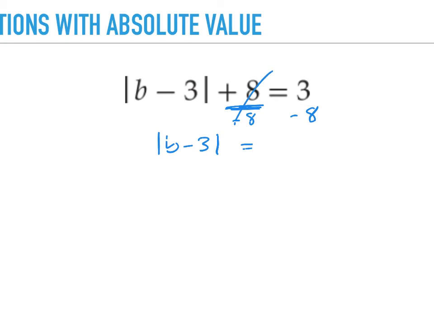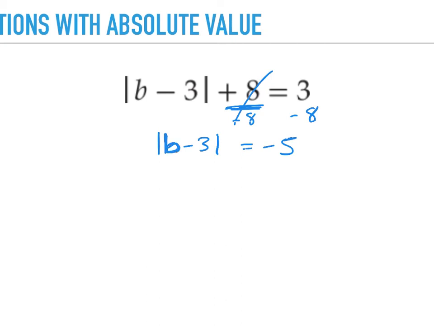What is 3 minus 8? Negative 5. Now what do we do? You add 3 on both sides.